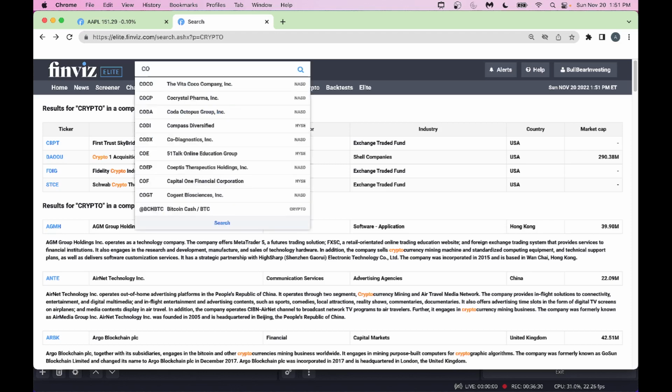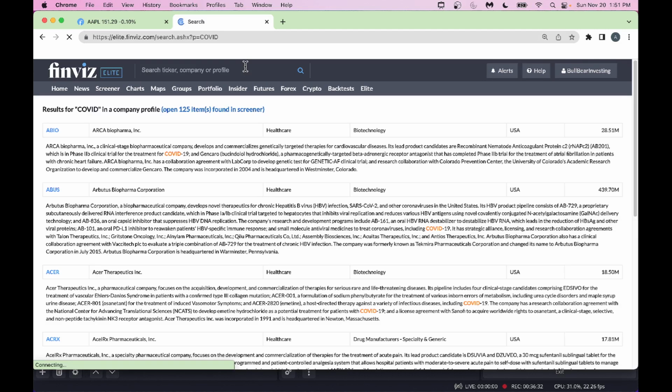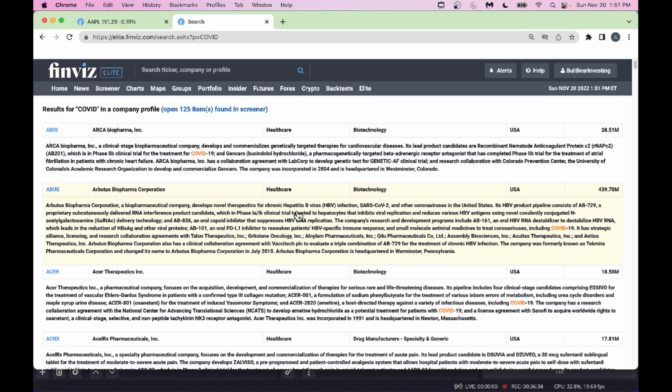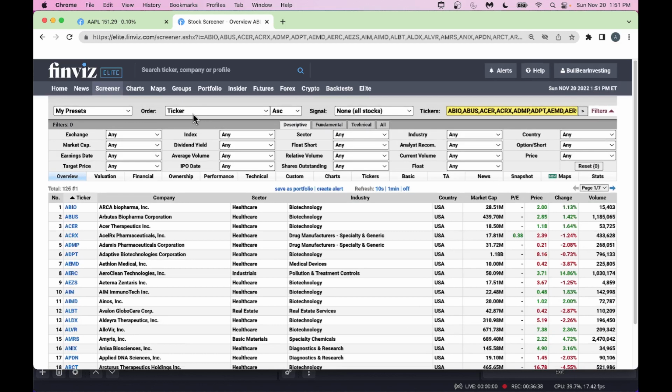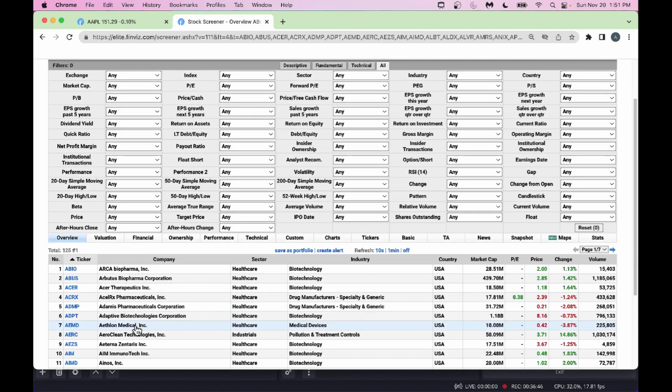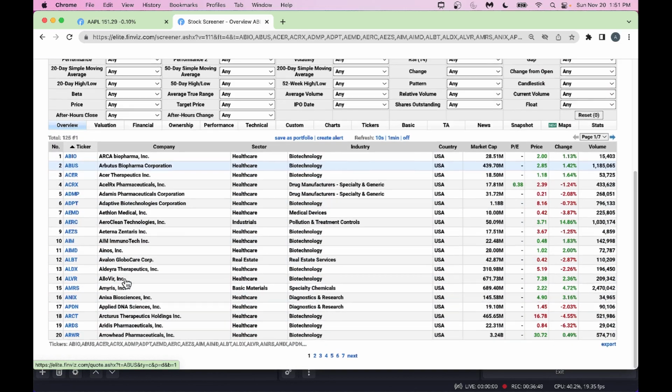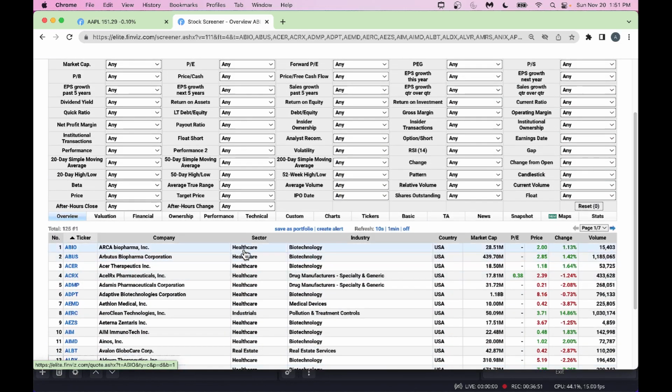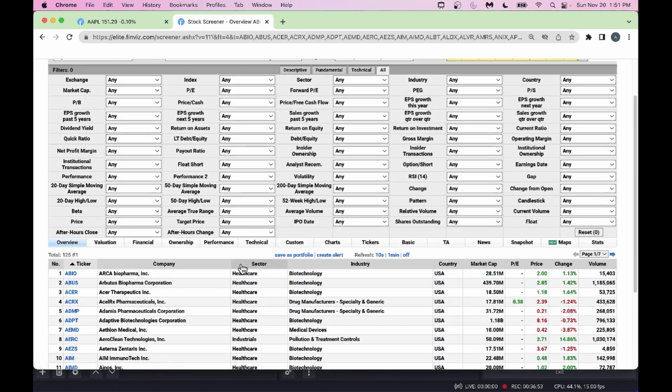You just type COVID here, and look, you got COVID stocks right here. These are all stocks in the COVID. You could open them in this scanner. The moment you open them in the scanner, you can apply various filters as we talked about here. Out of all these 125 COVID stocks here, you might want to look at only profitable COVID stocks.